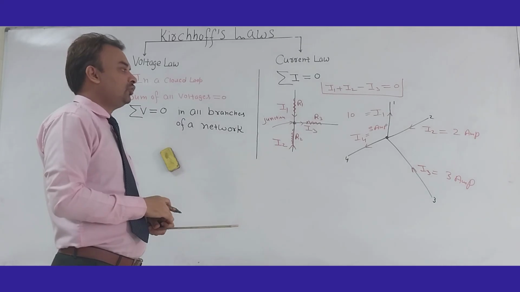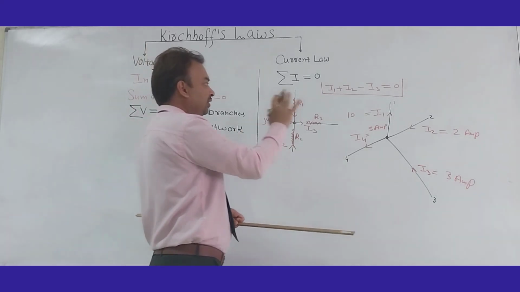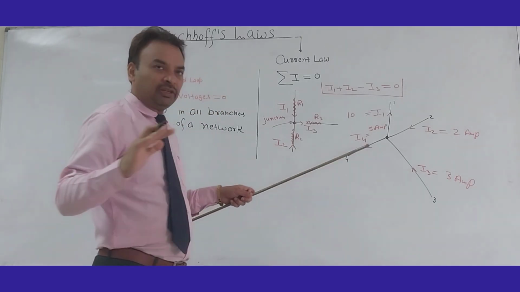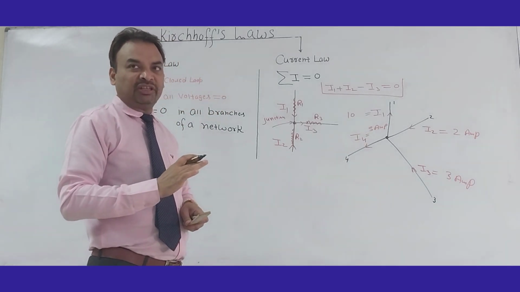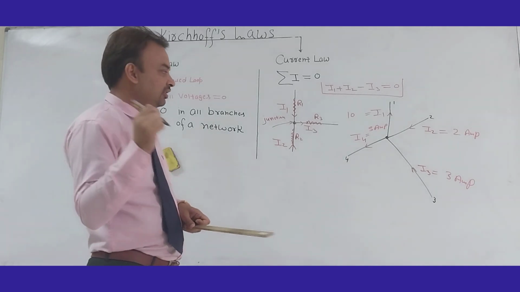Apply Kirchhoff's current law to solve this problem. As per the law, the current going toward the junction is taken as positive and the current going away from the junction is taken as negative.